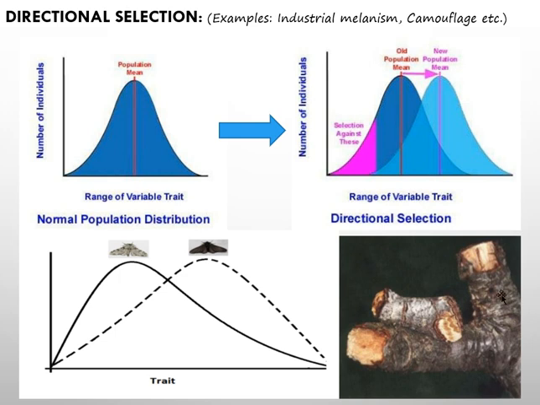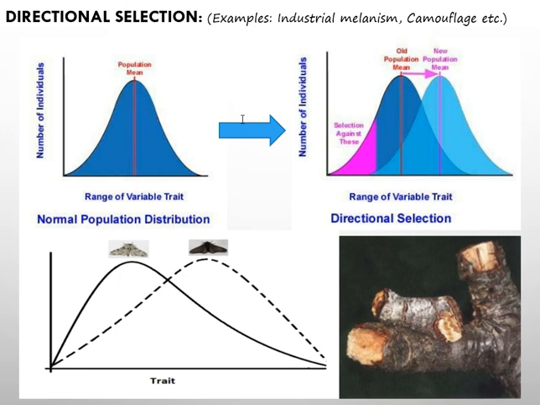Now, if due to certain changes in the environment, the pattern of this tree trunk changes, then the larvae will also have to change, or rather the larvae which are better suited with that kind of a tree trunk will get the advantage.